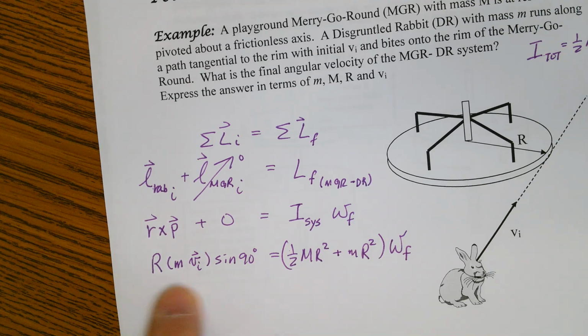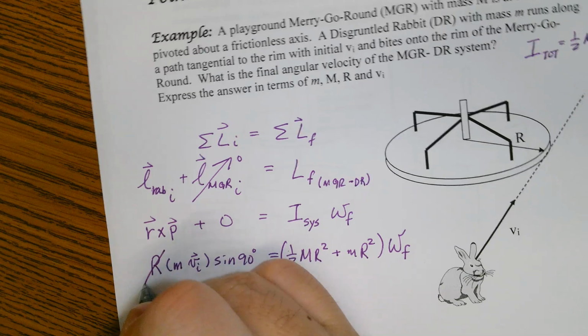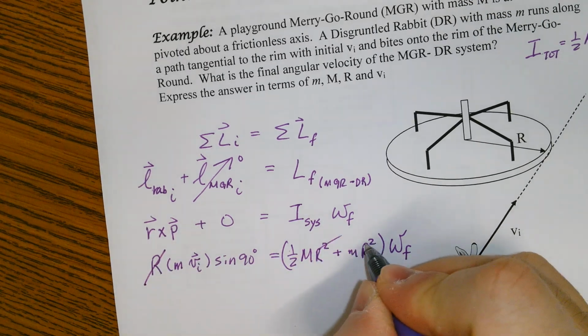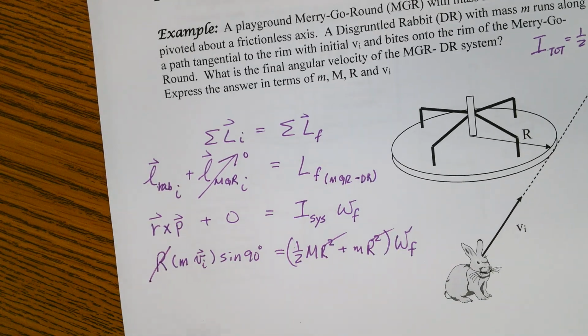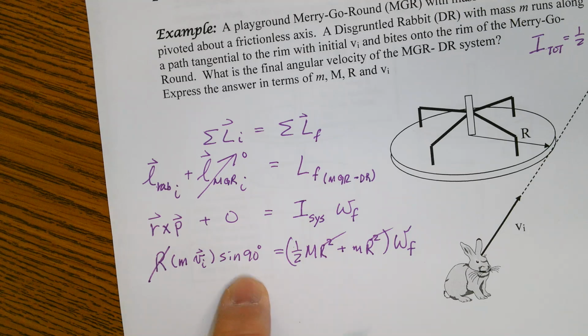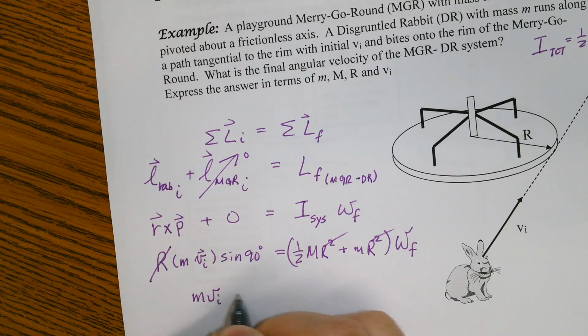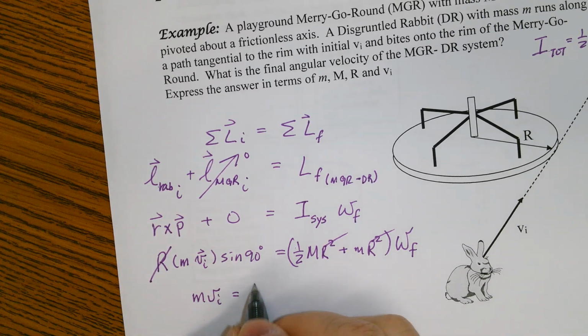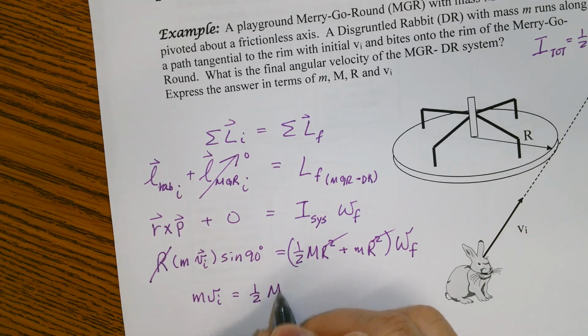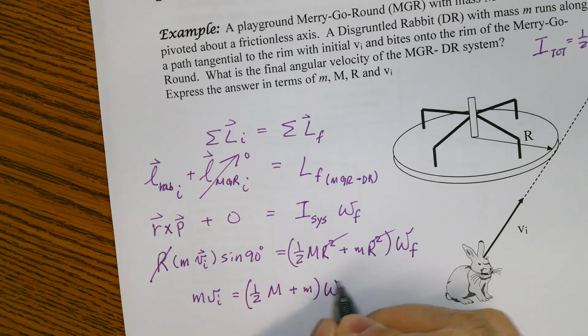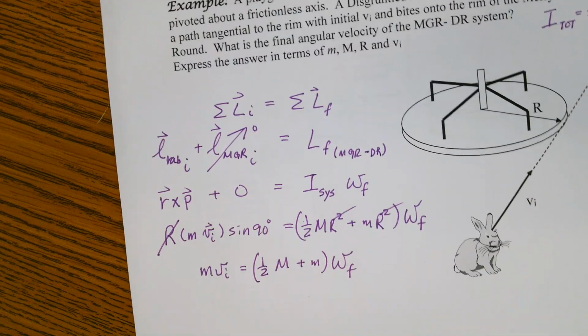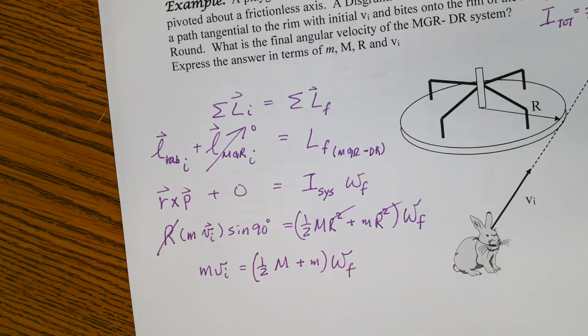If we divide both sides by r, boom, boom, boom. Sine of 90 is 1. So we have mvi is equal to 1/2 m plus m times omega final. All right.